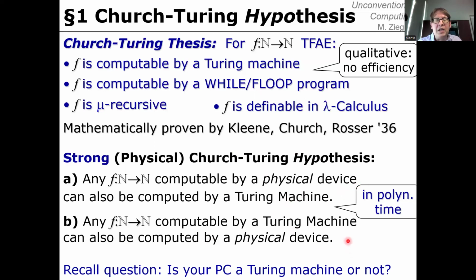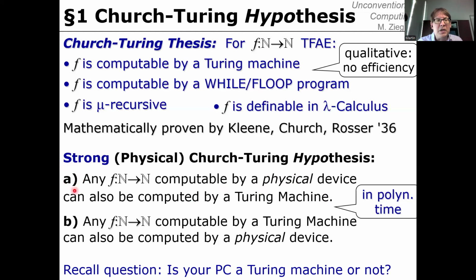Can a physical device keep up and do everything that a Turing machine can or not? Can it only approximate a Turing machine on the one hand? And on the other hand, maybe some sophisticated physical device, such as a quantum computer, some people think that a quantum computer can do more, or at least can do more efficiently than a Turing machine.